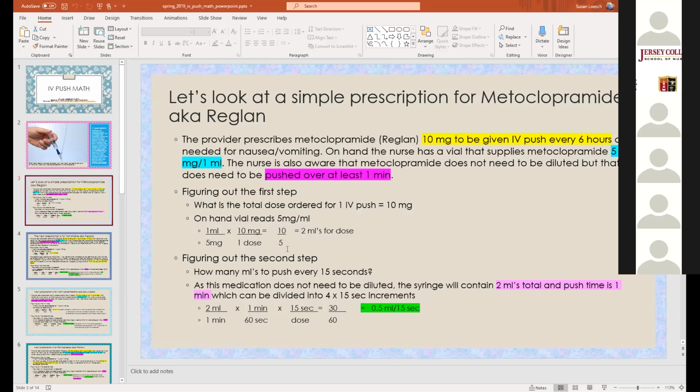Let's see if I can do it on... So, they're not doing D over H with this one. It's just cross multiplying. You are kind of doing D over H. So what you have on hand here is the 5 milligrams.